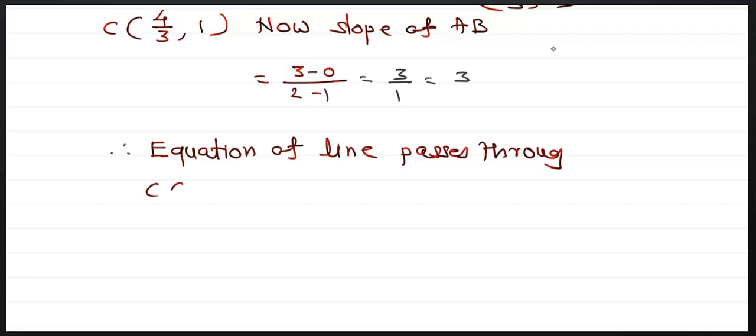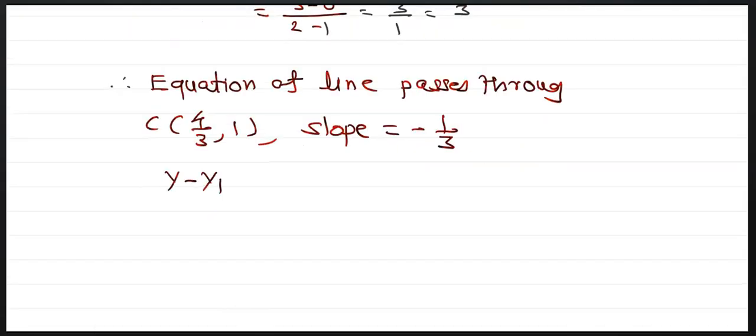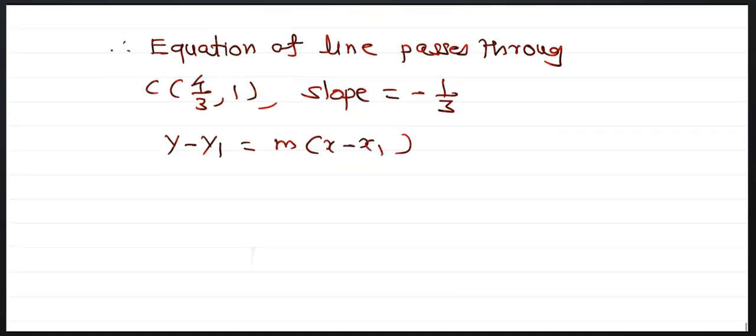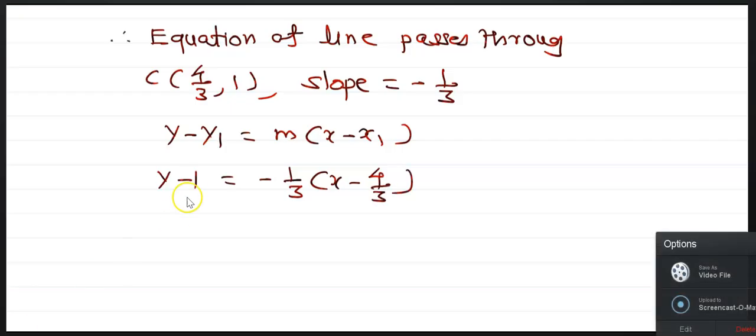Equation of the line passes through C (4 upon 3, 1). Therefore, the slope is minus 1 upon 3. y minus y1 is equal to m times (x minus x1). Therefore, y minus 1 is equal to minus 1 by 3 times (x minus 4 upon 3).